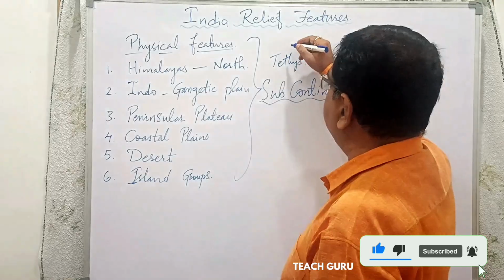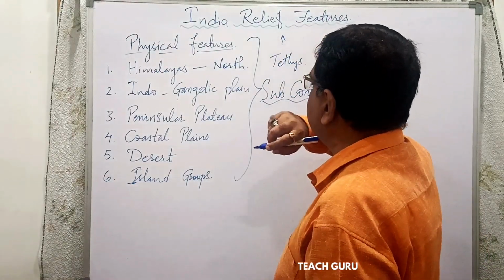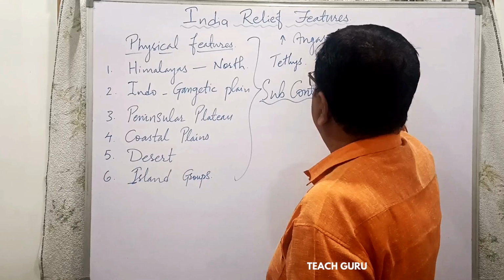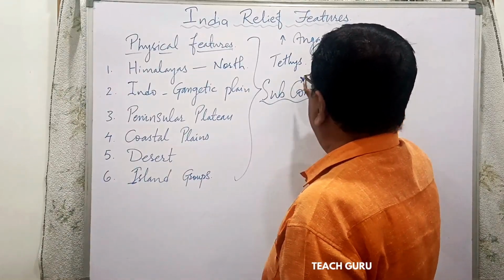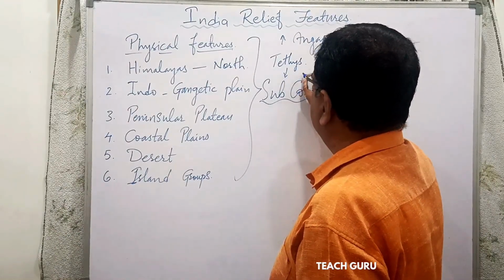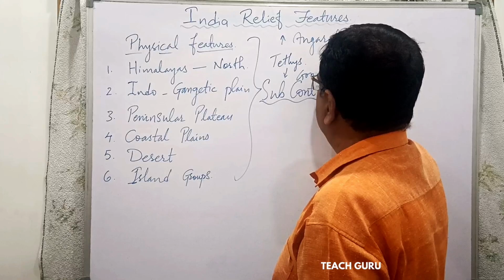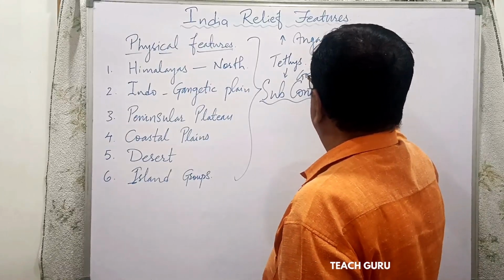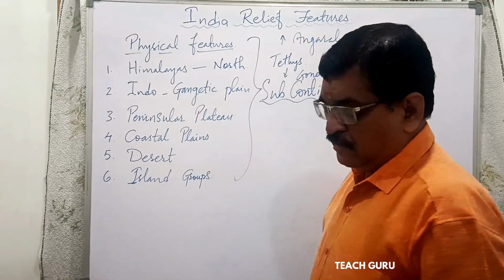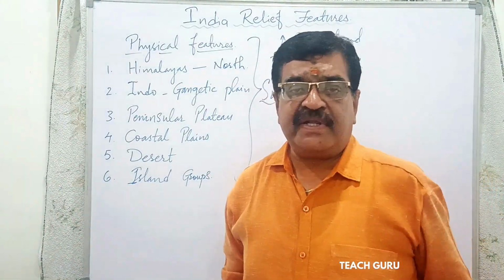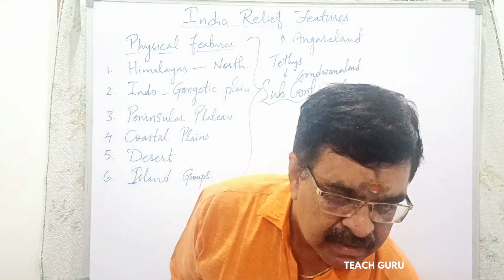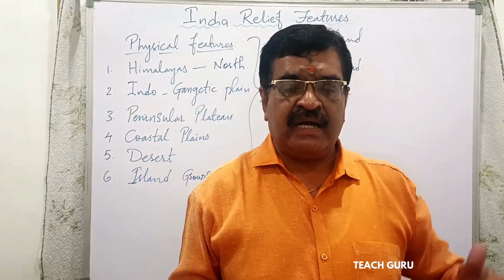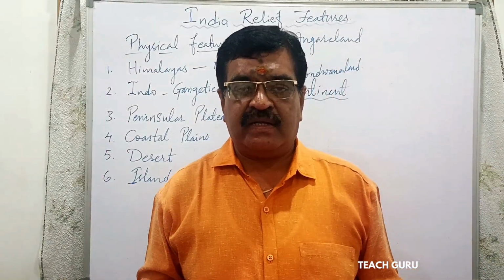On the north of the Tethys Sea, there was the Angara land. And on the south of the Tethys Sea, there was what was called Gondwana land. Now during the pre-Cambrian period, the tectonic force started working on the Angara land and Gondwana land.